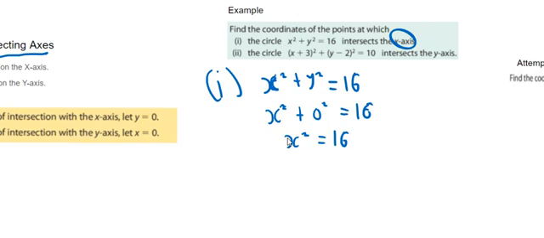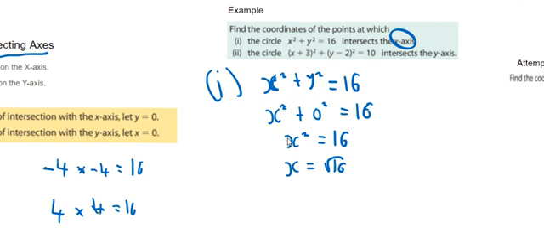Then what I need to do is find the square root of 16, so x equals the square root of 16. Now, if you didn't remember, the square root of 16 will actually have two answers, because there are two things that you can multiply by themselves to get 16, and they are -4 and 4, because -4 multiplied by -4 equals positive 16, and 4 multiplied by 4 is positive 16.